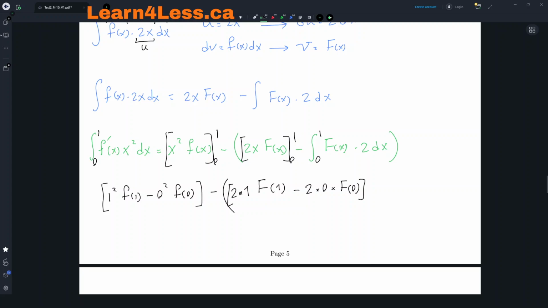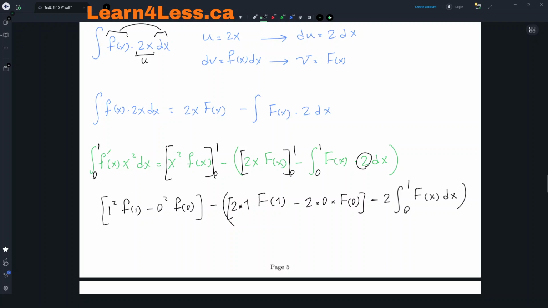This part minus this integral, let me take out the 2 to the front here. So it's minus 2 integral from 0 to 1 capital F of x dx. Let's see what we have. This part is entirely 0. This part is entirely 0.